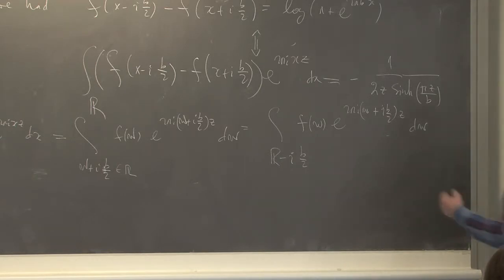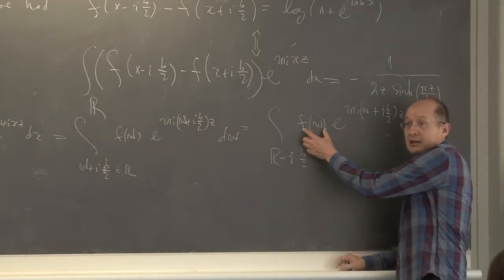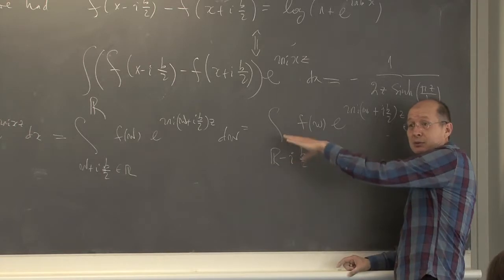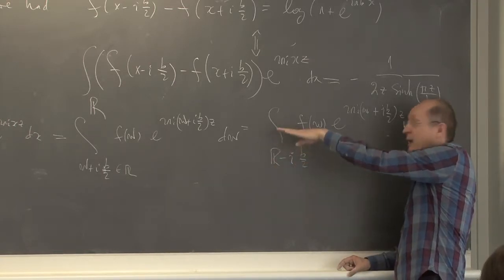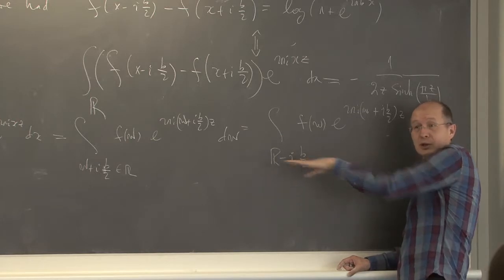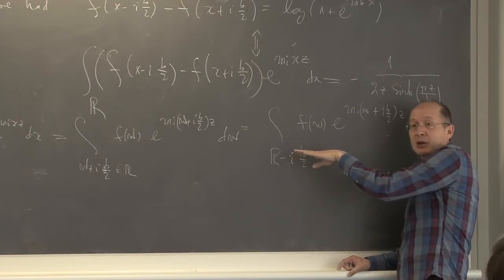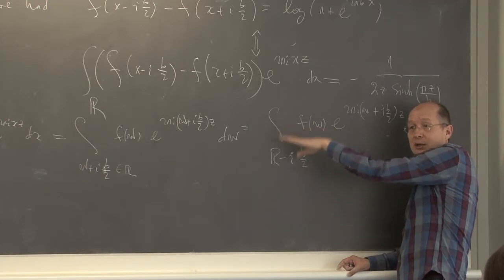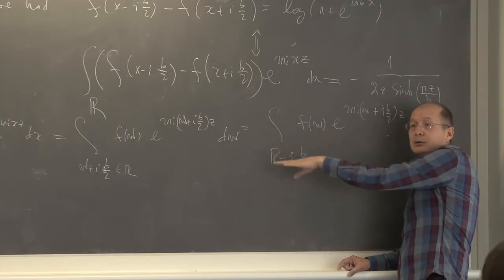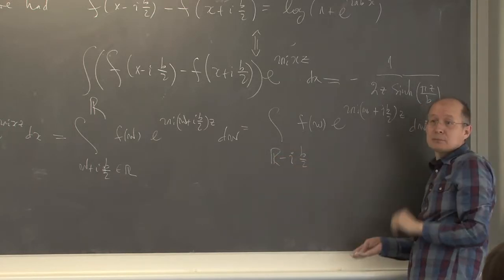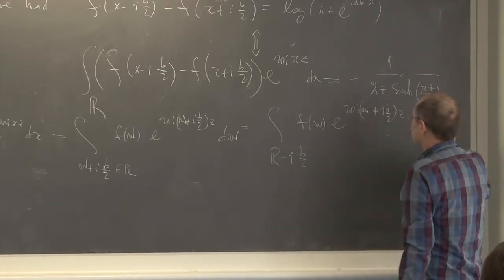And then we can use the fact that f is analytic in the strip. And using this fact, we can move back our contour to the real line, because we don't cross any singularities, so no Cauchy residues to correct with on the way. That's the thing.